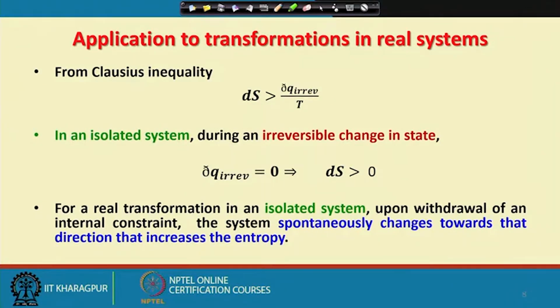So, this is the implication of the second law of thermodynamics as far as understanding the direction of a spontaneous change of state is concerned. But once again, to understand this entire framework, let us take a simple example.